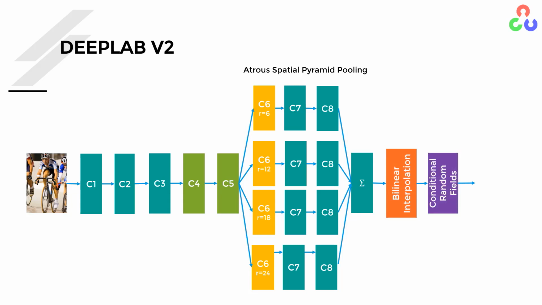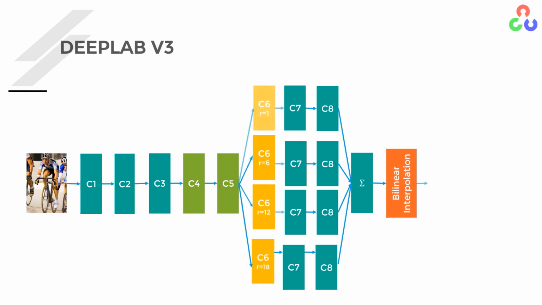DeepLab v2 did give slightly better results than v1, but right after that, they actually published another paper with DeepLab v3, which was a very similar architecture, except that they removed this final layer of conditional random fields because it did not produce better results when things were tweaked a little bit.